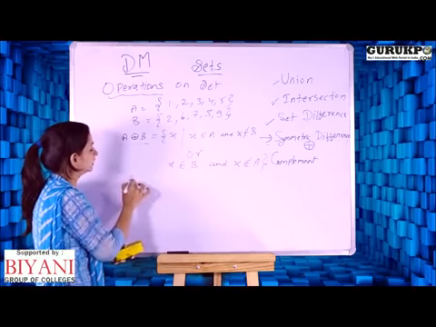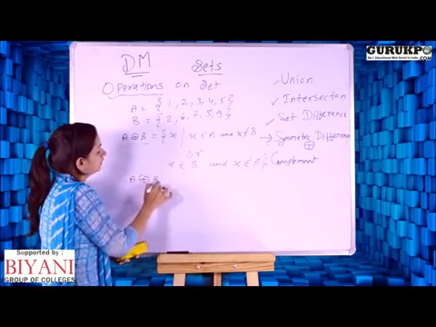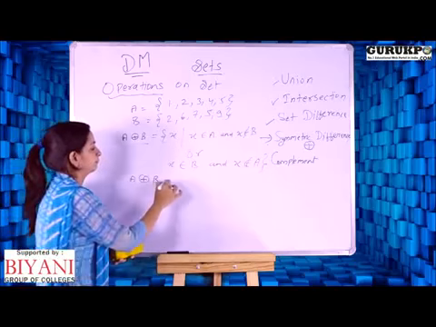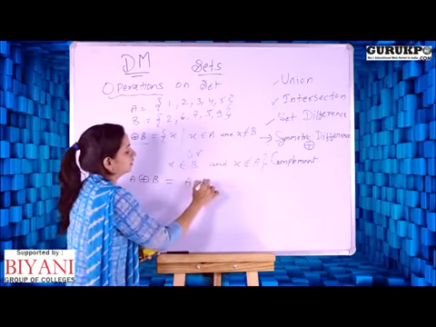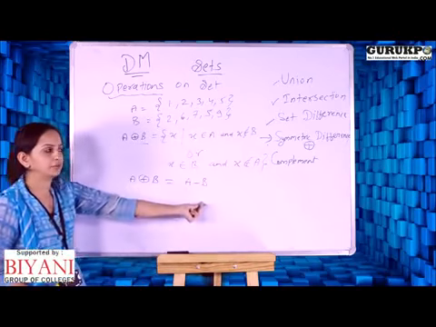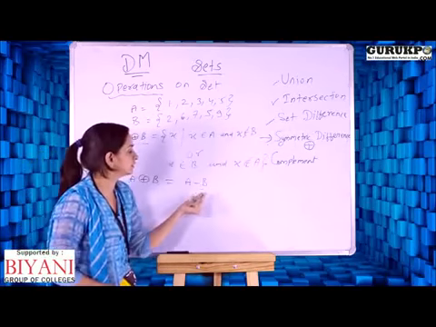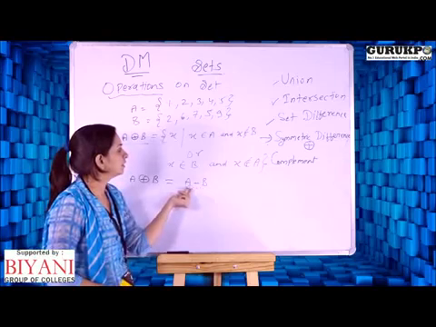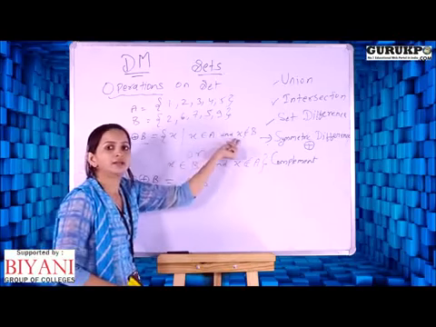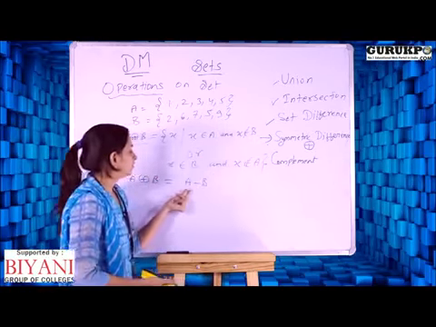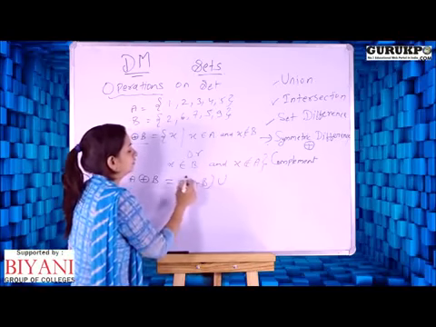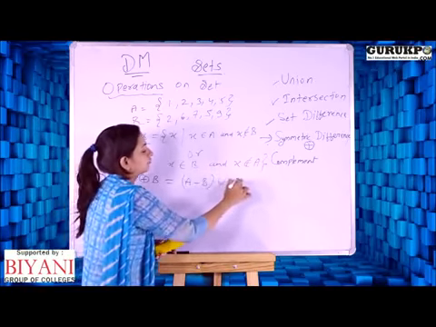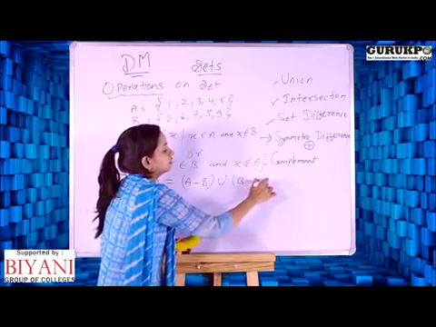In other words, I can say that A symmetric difference B is, what is this? This is A minus B. It is the definition of A minus B we have already discussed: X belongs to A and X does not belong to B. So this or this, that means the union of A minus B and B minus A. What is B minus A?